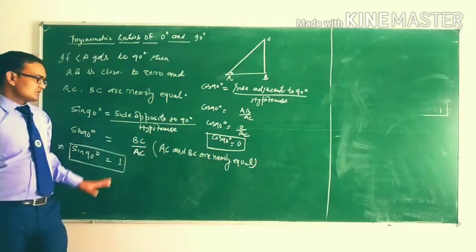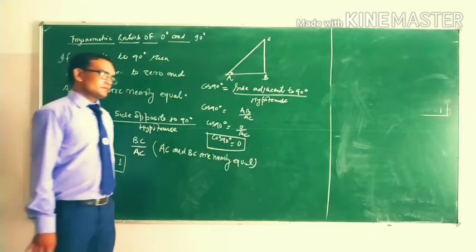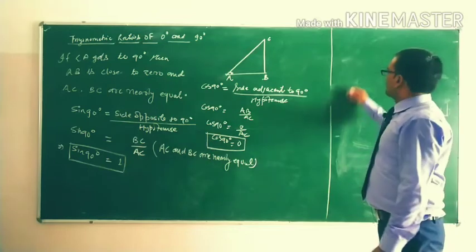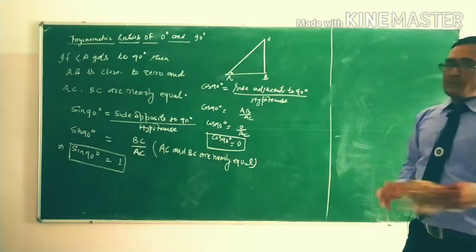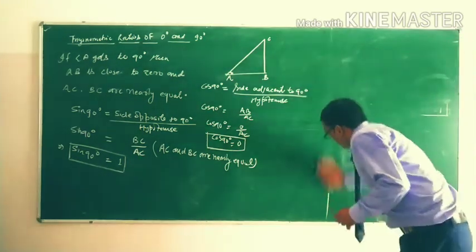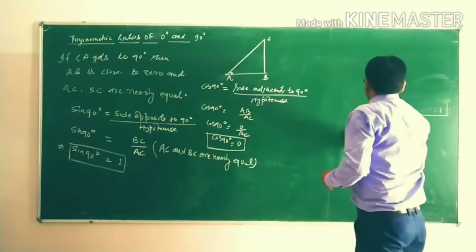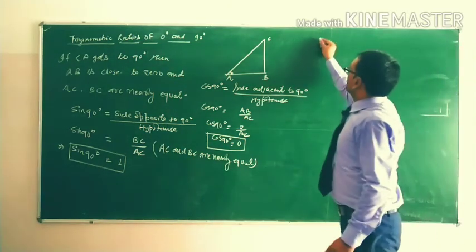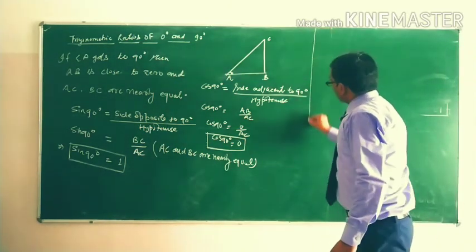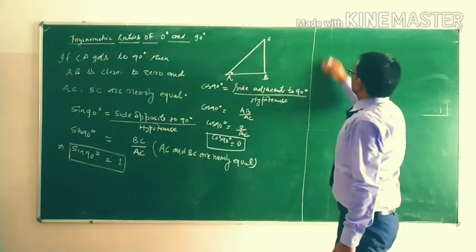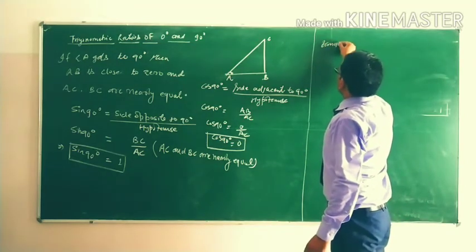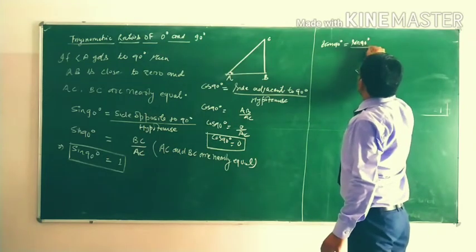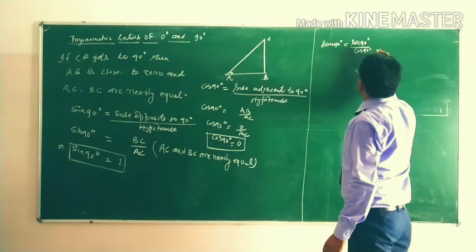Okay students, understand? Now let us move. We find the value of tan 90 degrees. What is the value of tan 90 degrees? Tan 90 degrees is sin 90 degrees upon cos 90 degrees.